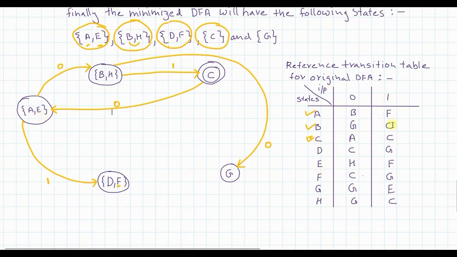C on 1 goes to C itself. So here also, C on 1 will go to C itself.